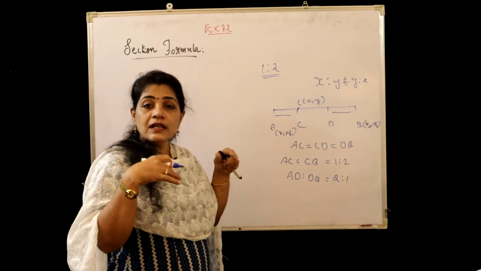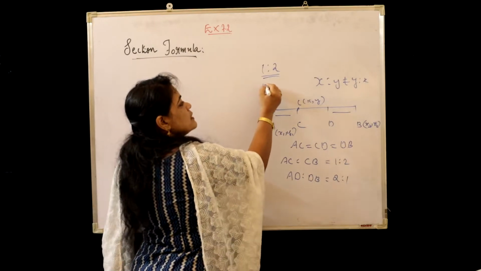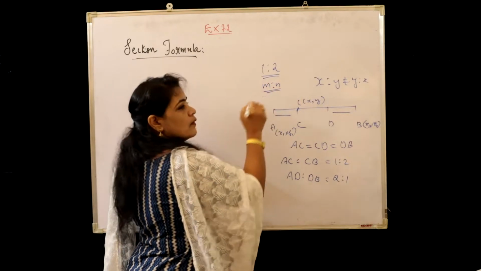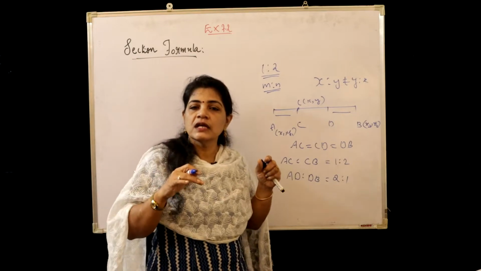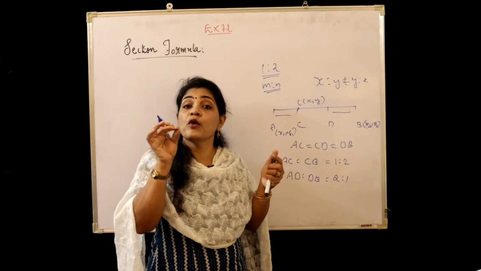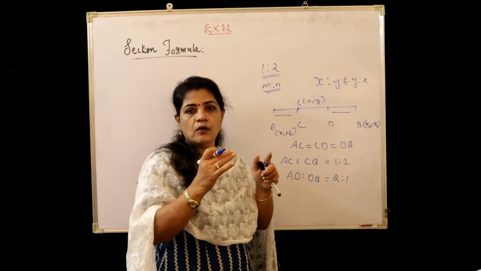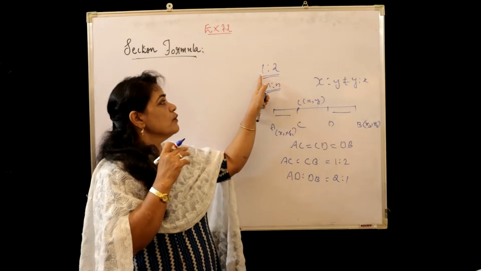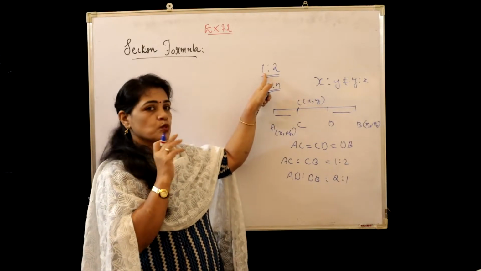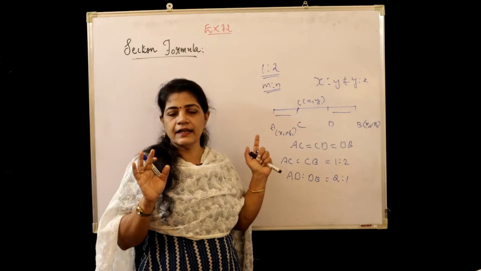In general, let us suppose this ratio is m is to n. That means the ratio by which the line segment AB is divided by the point C is m is to n. Here in place of m it is 1 and n is 2. Hope the idea is clear, children.